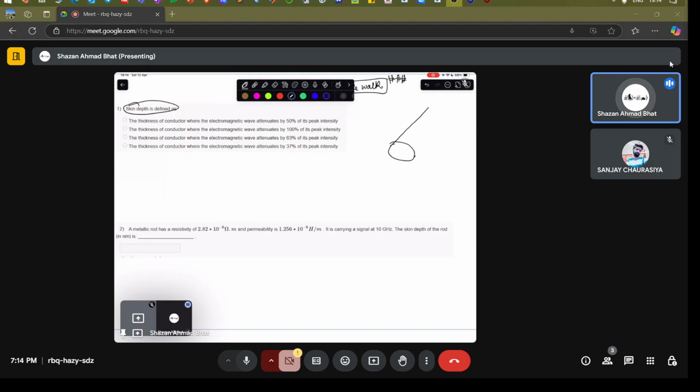If you have a conductor and you give it a microwave frequency or any AC signal, which is fluctuating and has positive and negative components, it can be an electromagnetic signal, it tends to flow near the surface, near the periphery, rather than into the bulk, because of the back EMF generated.